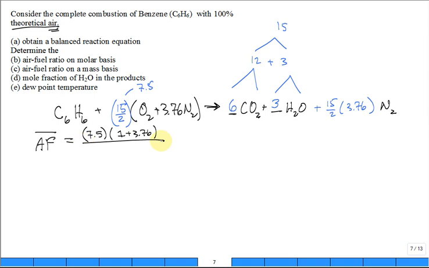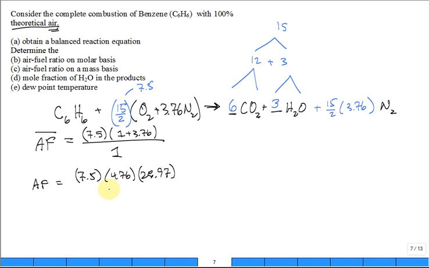So that's how many moles of air I bring in, for how many moles of fuel? I left that 1 in front of the coefficient, in front of that benzene. And so that's your air-to-fuel ratio on a molar basis. What about the air-to-fuel ratio on a mass basis? Well, it'll be the 7.5 times the 4.76 times the 28.97.